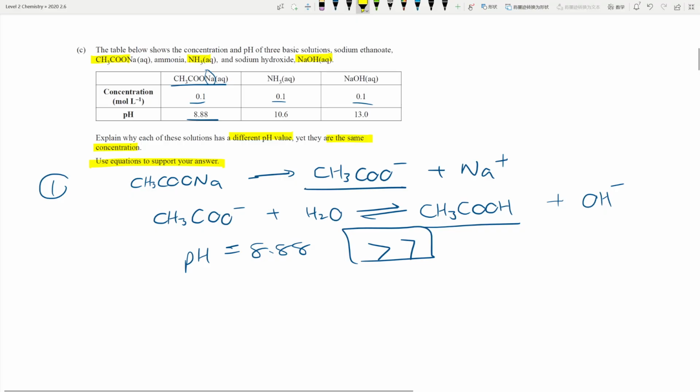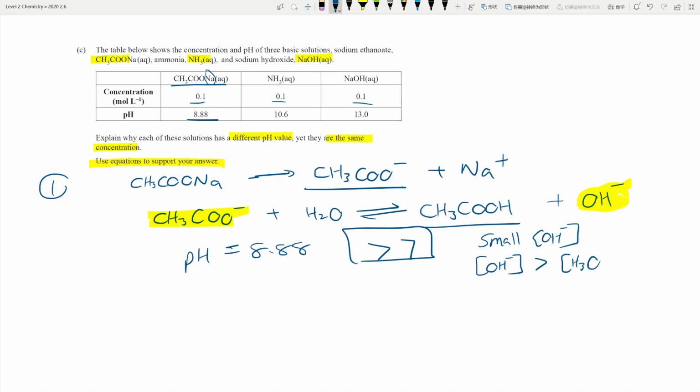Because you have a partial dissociation, where one of the ions further dissociates and produces a small concentration of OH minus ions. That OH minus concentration is still bigger than your H3O plus concentration, meaning it is a weak base, and the pH is going to be 8.88. That's perfectly normal.